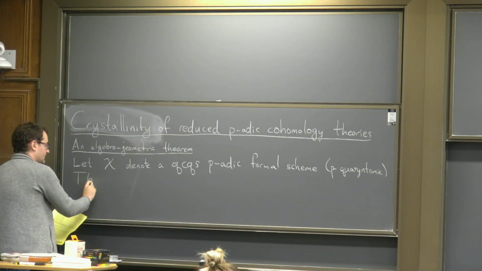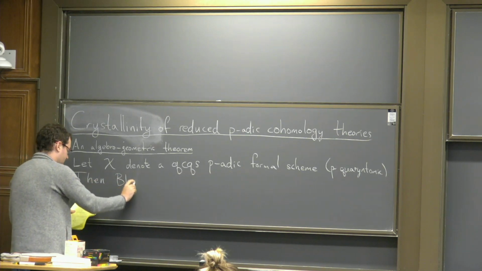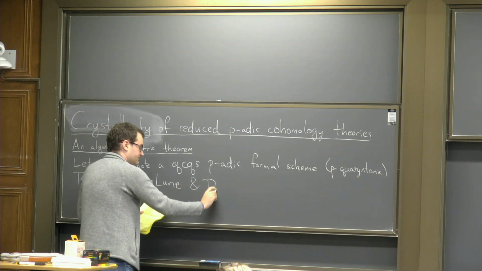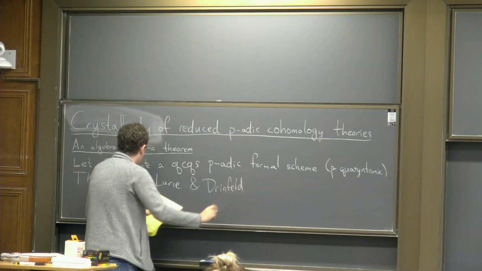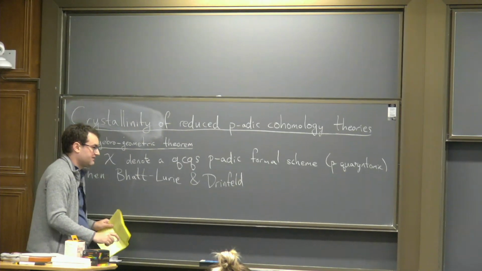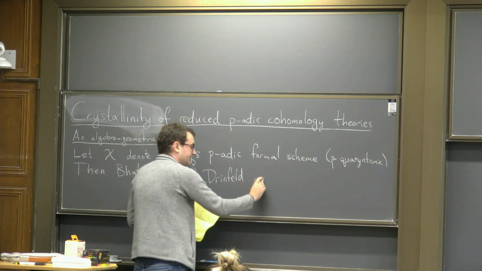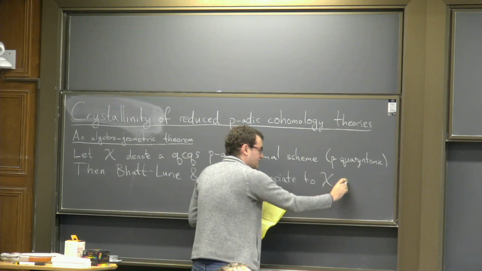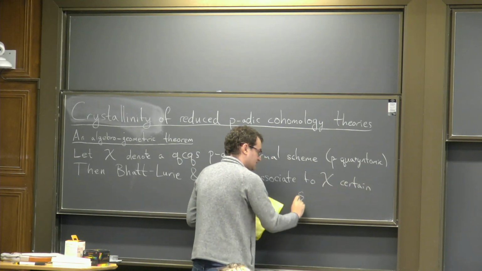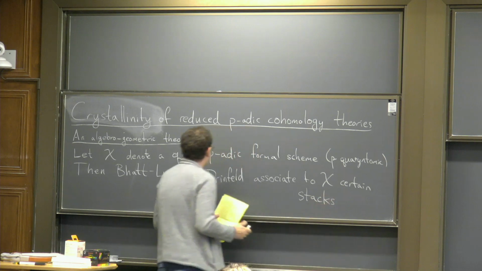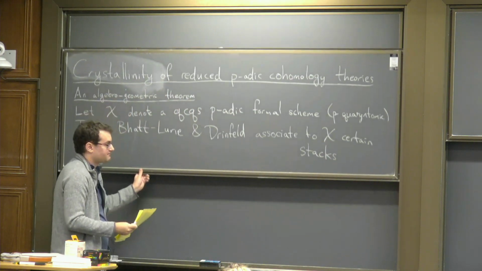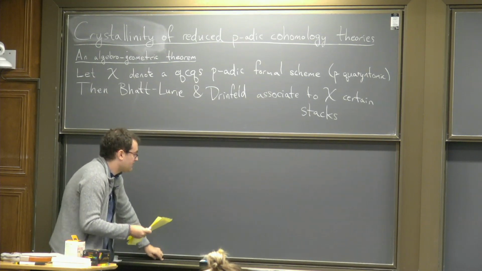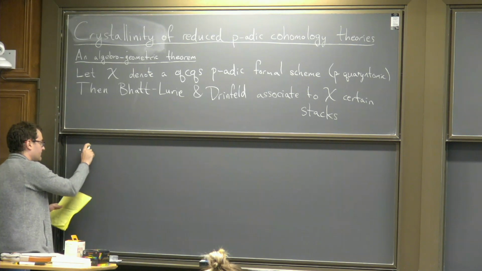And in this situation, work of Bhatt-Morrow, Jacob Lurie, and Drinfeld gives you a way of computing certain cohomological invariants. So what they do is they associate to this scheme certain stacks, presented in a way that's hopefully familiar to homotopy theorists.